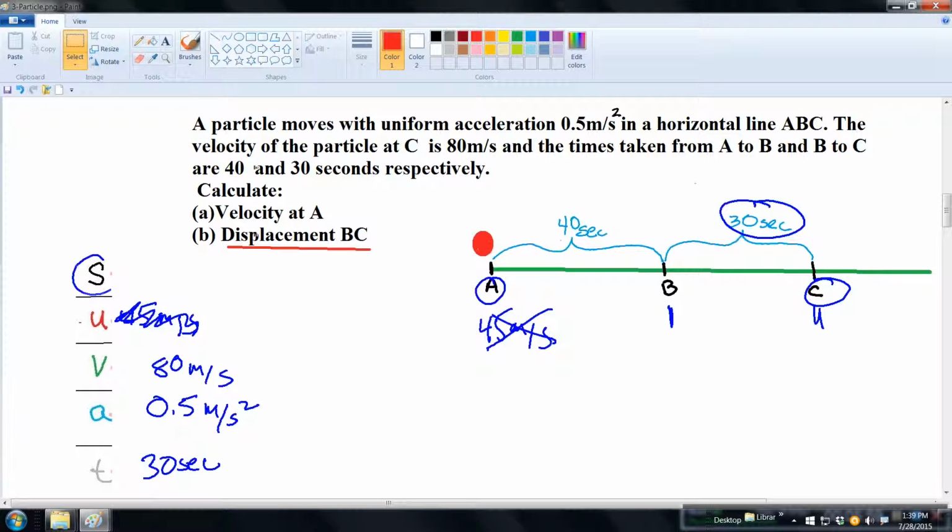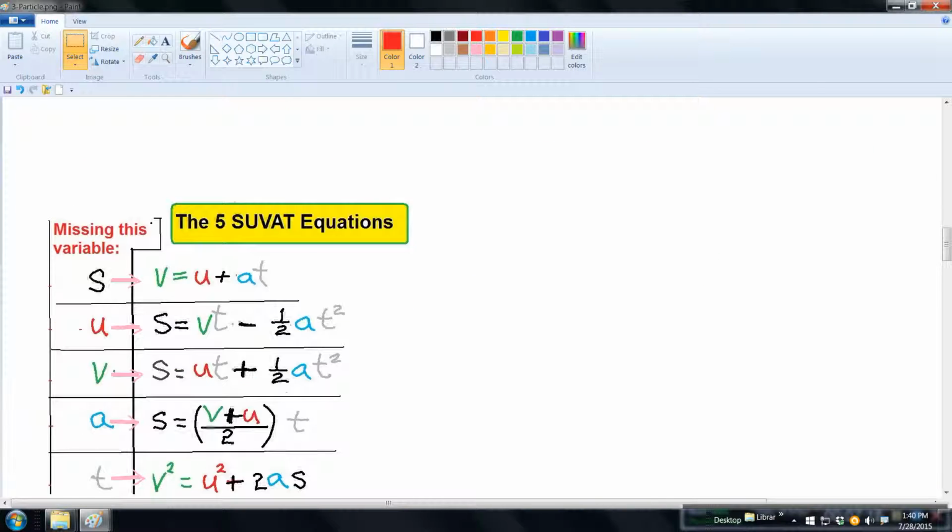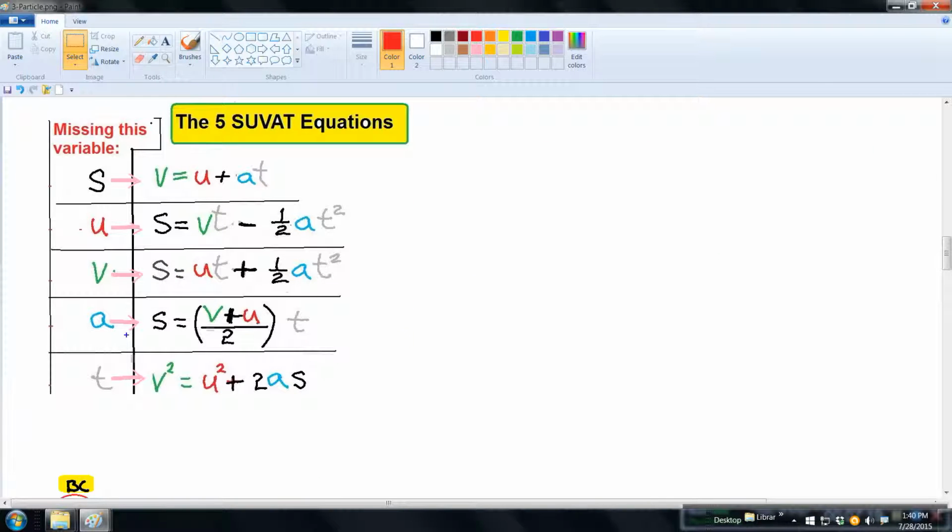We need displacement, so we're going to circle that, and step 4 is to draw a line through the variable that's left. So we're going to employ an equation that doesn't get used that much with the SUVAT method or in kinematic problems: displacement is equal to final velocity times time minus 1/2 a t squared.